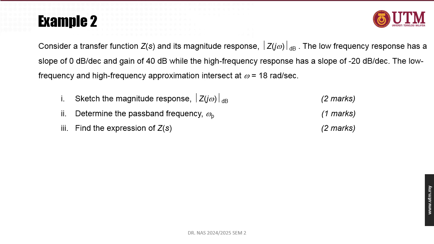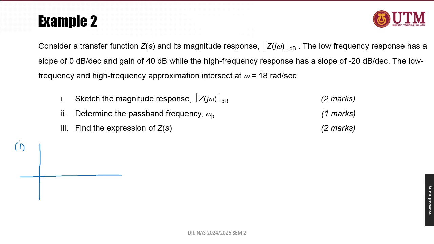So based on the given statement, sketch the magnitude response. Okay, so you have zero slope, meaning that it's a straight line with a value of 40 dB.